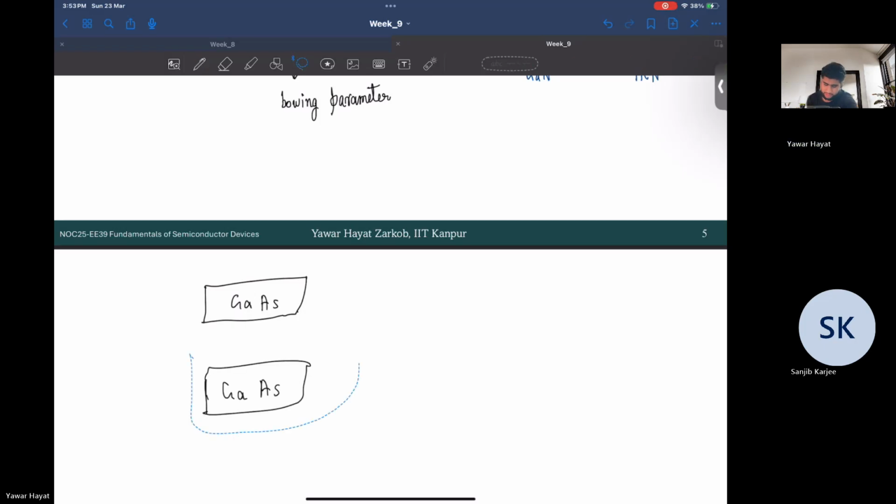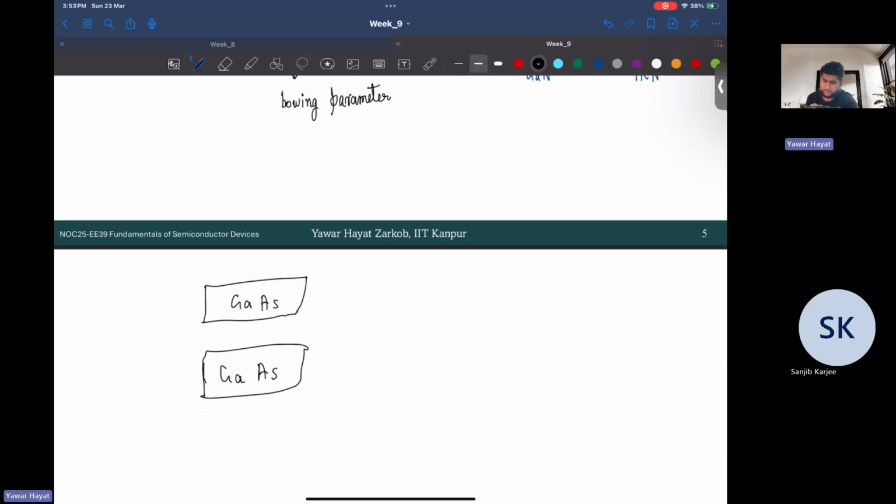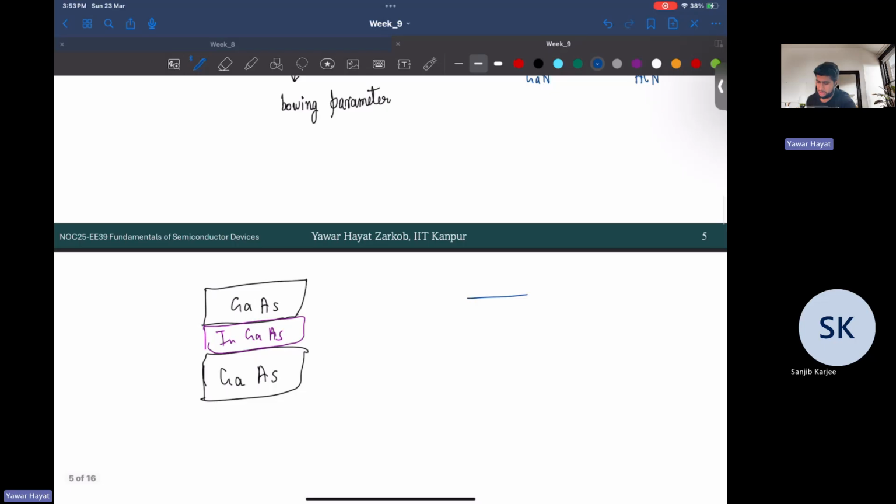Suppose your indium gallium arsenide is sandwiched between these two gallium arsenide layers. This would constitute an example of a heterostructure. The band gap of gallium arsenide is around 1.4 eV, and the band gap of indium gallium arsenide is 1 eV. So this would constitute a quantum well.